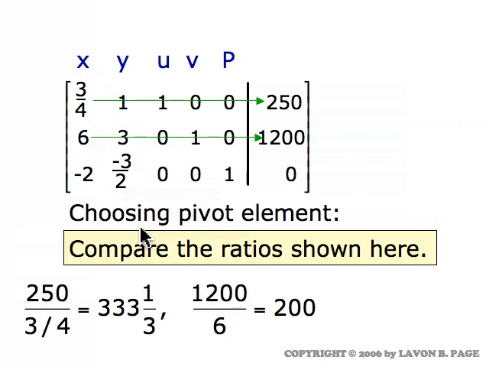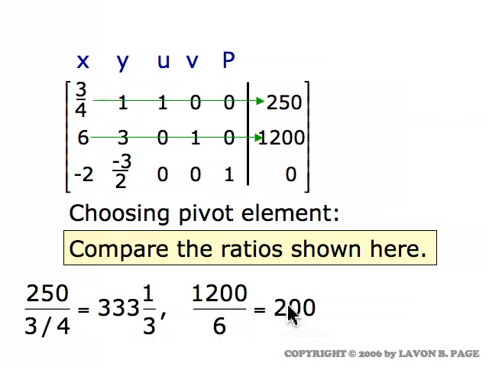The way we determine who wins the contest to be the pivot element is to take each of the other numbers in that first column and divide them into the corresponding number at the far right of their row. So the 3/4 gets divided into 250, which comes out to 333 1/3, and the 6 gets divided into 1200, which comes out to be 200.